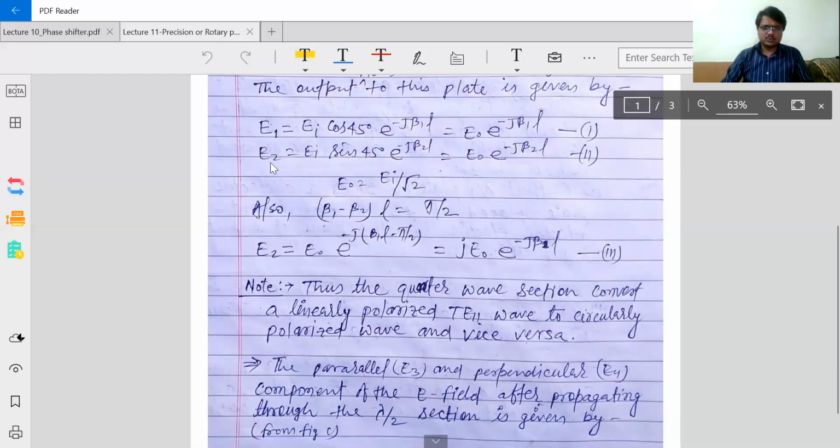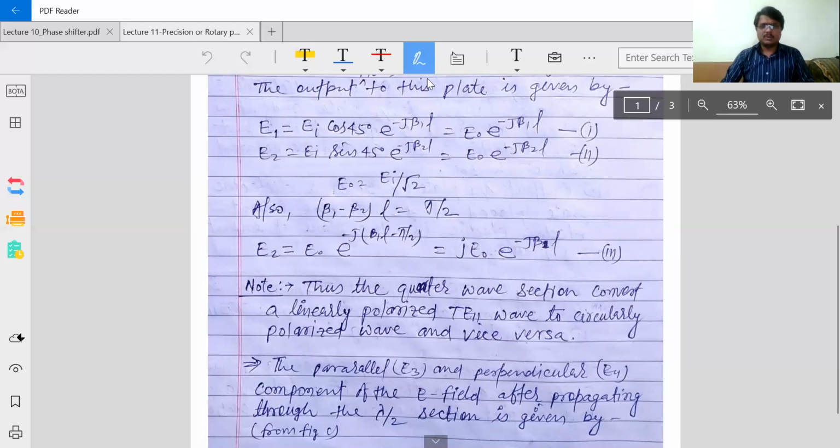This equation, E2 is E naught e to the power minus j beta 2 L, and from equation 3, j E naught e to the power minus j beta 1 L. These two are the same because this is E2, this is also E2. So E naught will get cancelled, and e to the power minus j beta 2 L will be written as j e to the power minus j beta 1 L. That is very simple.